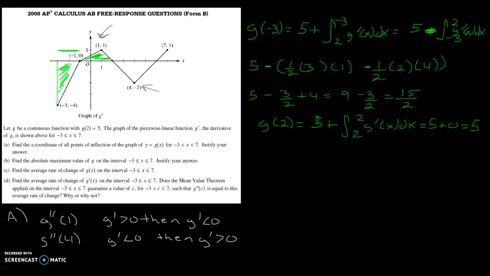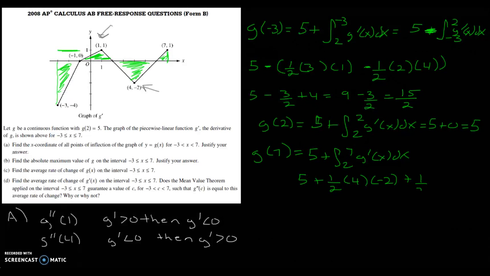And now we need to find g of 7. So g of 7 is going to be 5 plus the integral from 2 to 7 of g prime of x dx. Now we have negative area here. We want to find this negative area and this positive area. So we have two triangles, so 1/2, 4 wide by -2 deep, plus 1/2, 1 by 1.